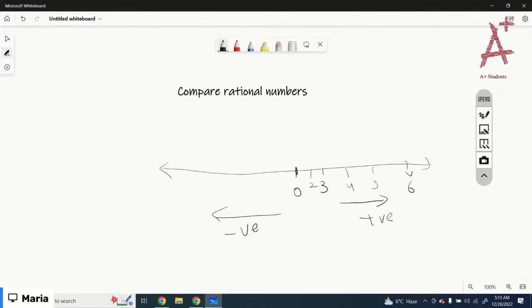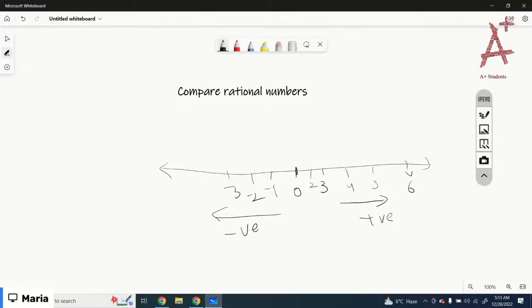Same as the case on the left hand side, each next number is smaller than the previous one. Like the next number is negative 3, and as you are moving far from 0, the numbers are getting smaller and smaller on the left hand side. So this is the concept of the number line.